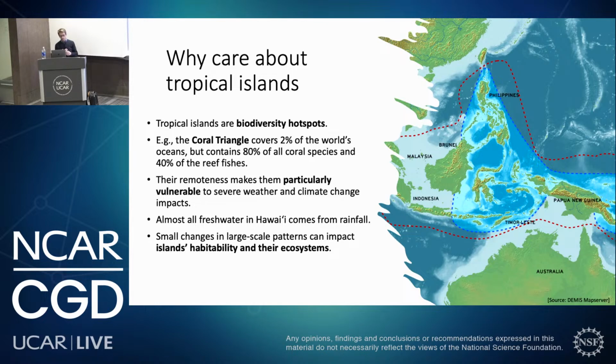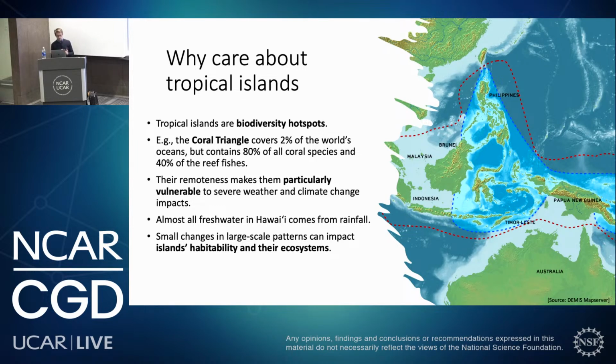And tropical islands, as you soon realize when you live there, are really vulnerable to any kind of extreme weather event, be it tropical cyclone or heavy rainfall from cold fronts or what have you. And they're also really vulnerable to climate change impacts. Some islands are really suffering from sea level rise and face really dire prospects for the future.